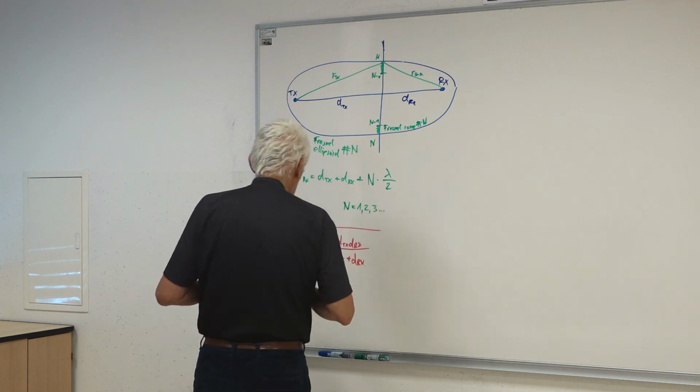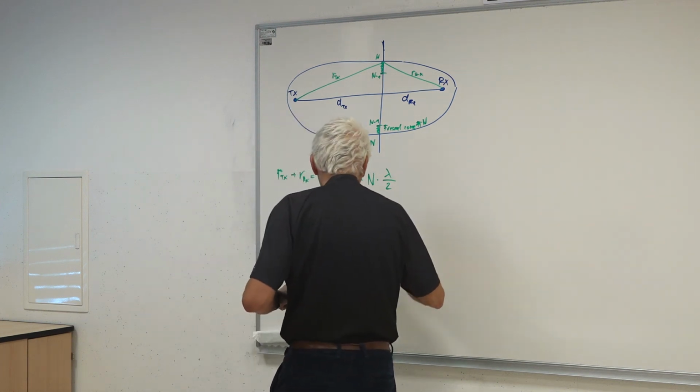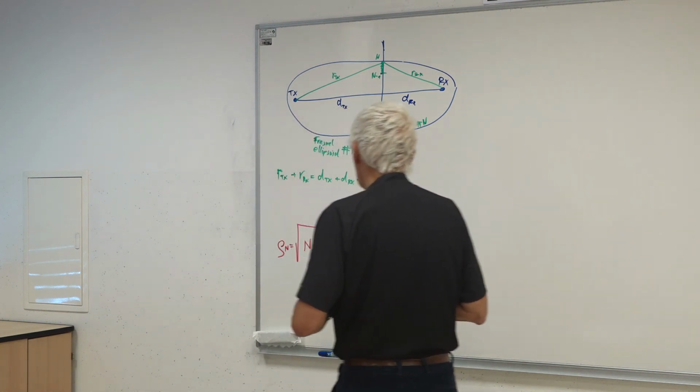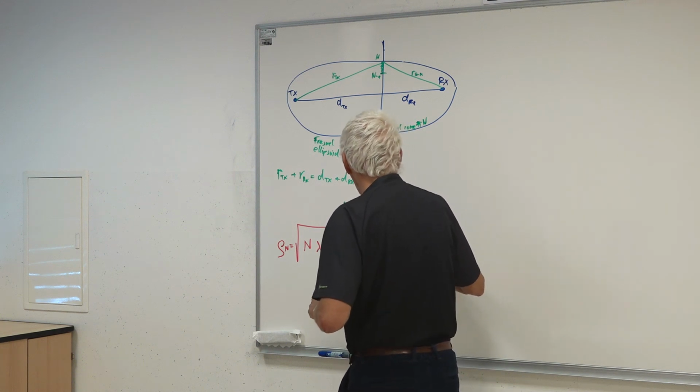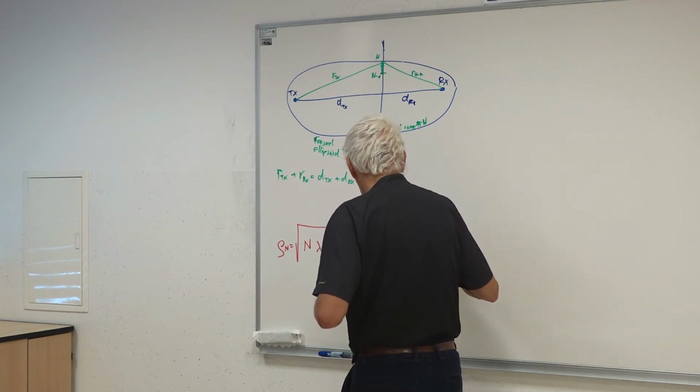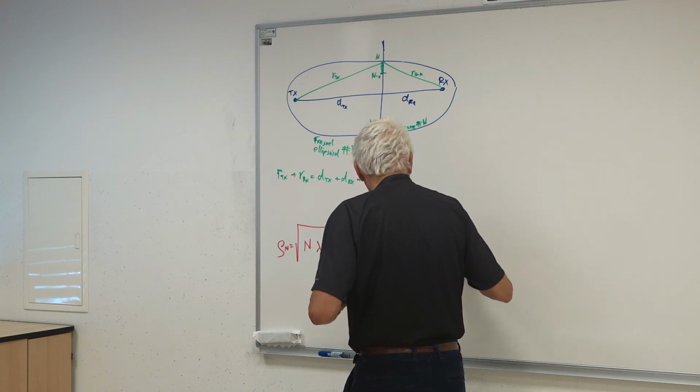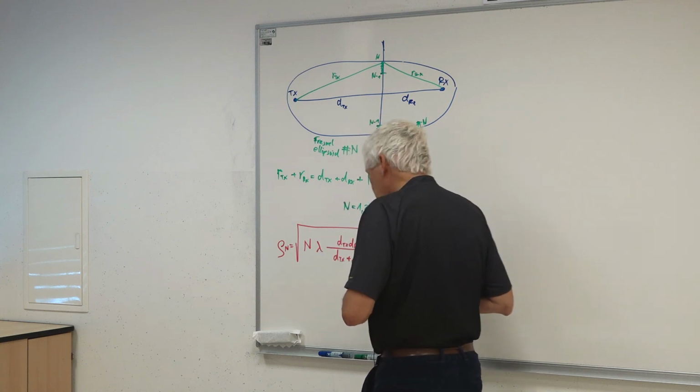And this is already not the exact radius, but an approximation, where this rho n has to be still quite smaller than the distance to the transmitter and the distance to the receiver, which is true in most practical cases.